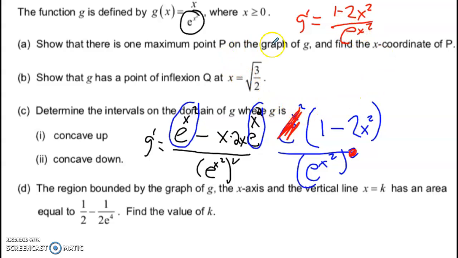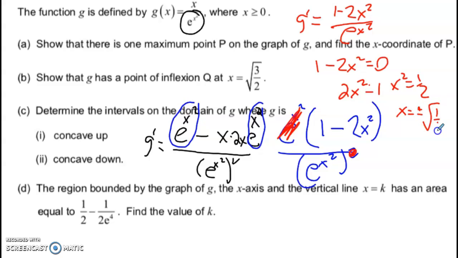But what matters in finding your maximum is when this equals 0, not when the bottom equals 0. That gives you issues that you can't actually deal with. I want to know when the top equals 0. So I set 1 minus 2x squared equal to 0, and basically I add 2x squared to the other side, and I get 2x squared equals 1, and I get x squared equals a half, and I get x equals plus or minus the square root of 1/2.